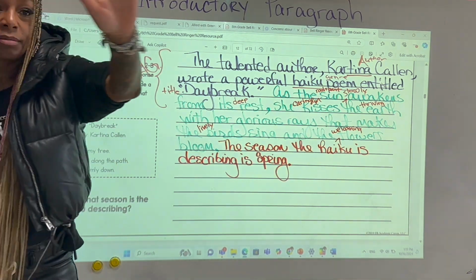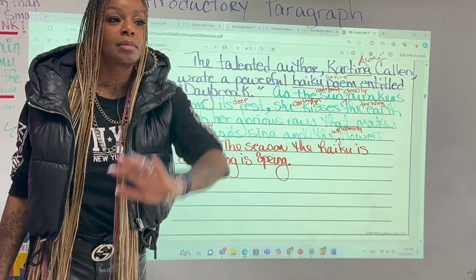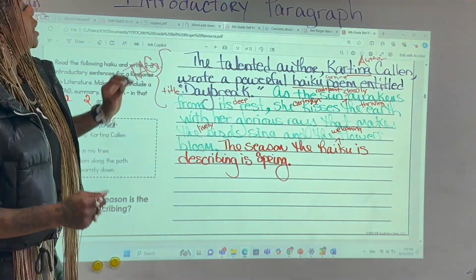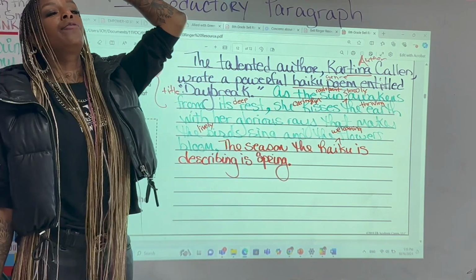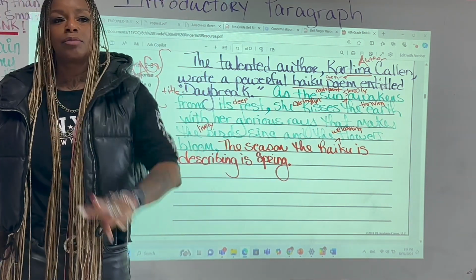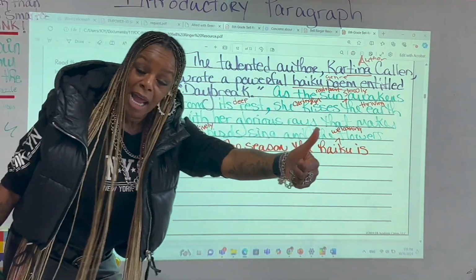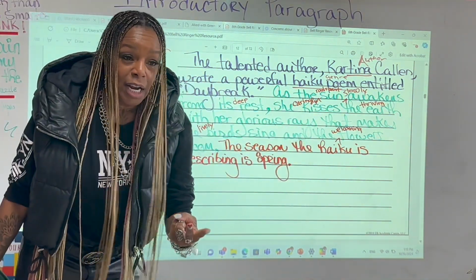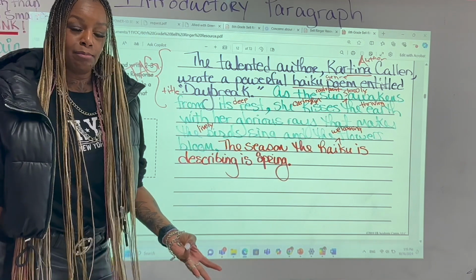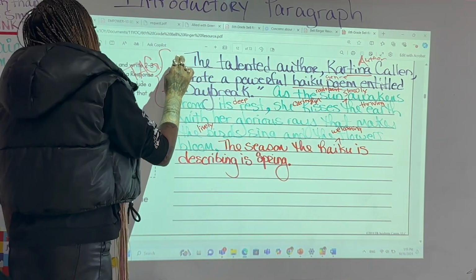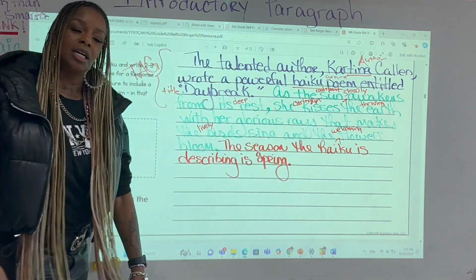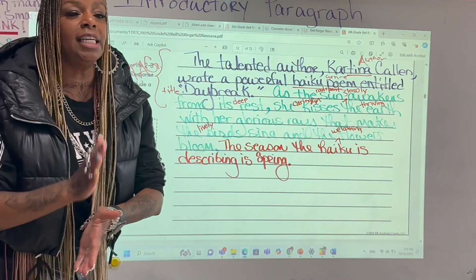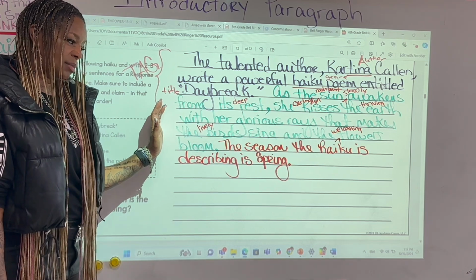Mirrors on. The intro paragraph consists of 3 things: a tag, summary, and claim. You're going to write your tag, your summary. Your summary does not contain details.